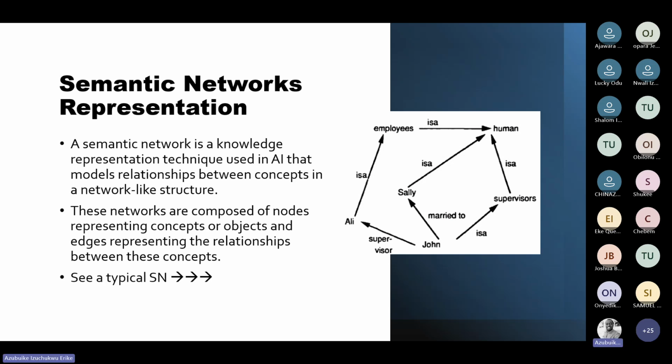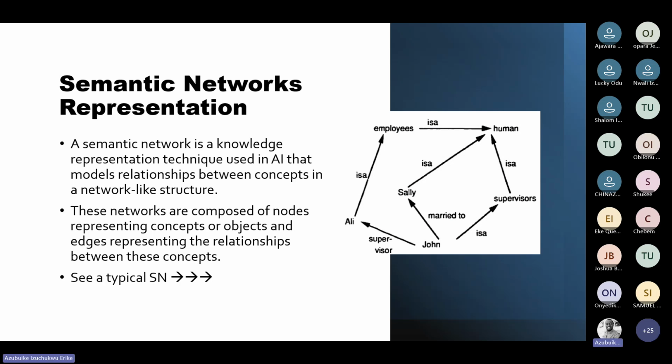Yes, sir. Okay. You can see Ali is a, so this "is a" defines the relationship between Ali and the employee. So you say Ali is an employee, and employees are actually human beings. So an employee is a human. Then you come to the place where you see John.